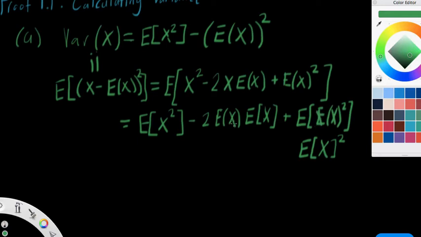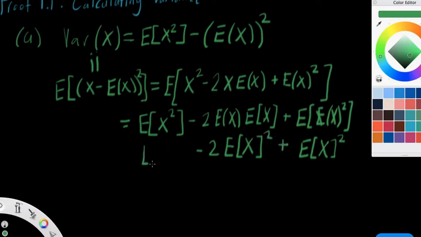Okay, well notice E of X times E of X is just the expected value of X, all squared, so minus 2 expected value of X all squared.